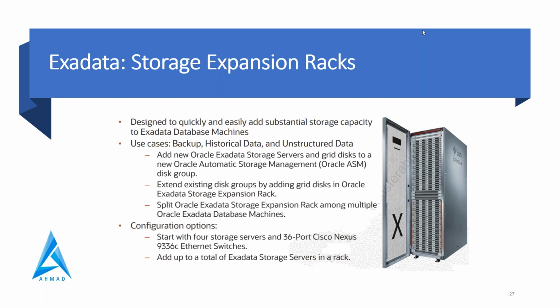After the initial rack configuration, additional storage servers can be added as needed, up to a total maximum of 19 storage servers in each storage expansion rack. Okay, so the Exadata storage expansion rack X8M-2 comes with 36 port Ethernet switches, which enable it to interconnect with any combination of up to 18 Exadata database machine racks or Exadata storage expansion racks via the RoCE network fabric.